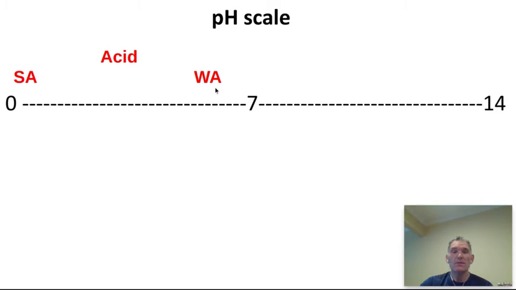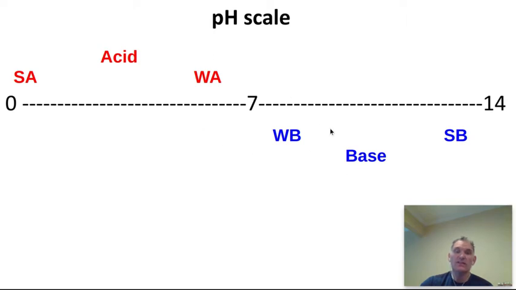The weaker acids are closer to 7. On the flip side, we have our base. Bases go from something above 7 to 14. And notice here that the strength of the base, strong bases are closer to 14 and weaker are closer to 7. So in analyzing our pH scale, anything that's weak is going to be around this region and it's close to 7.